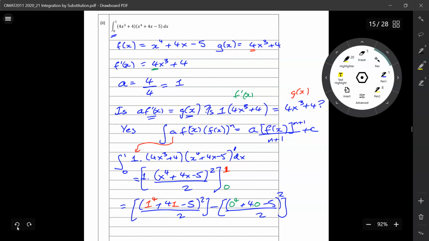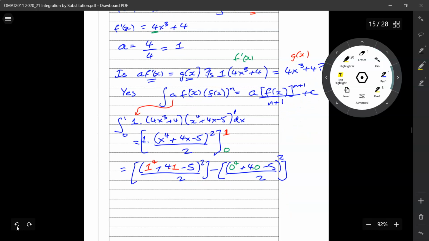So if I work this out, that gives me 1 plus 4 minus 5, squared, over 2, minus, and on this one we have minus 5 squared, because you have 0 plus 4 times 0 and the constant, over 2.